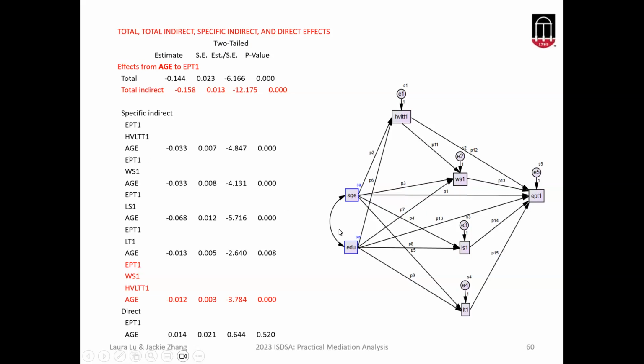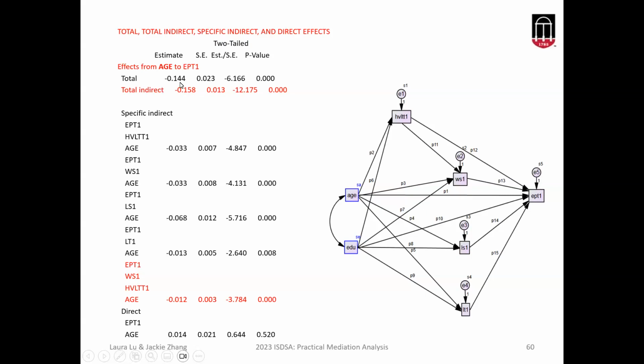For example, from age to HVLTT to EPT. So this is one part of the indirect effect. This is another part. This is the third, the fourth, and the fifth indirect effects. And the sum of these 5 components is the total indirect effect.